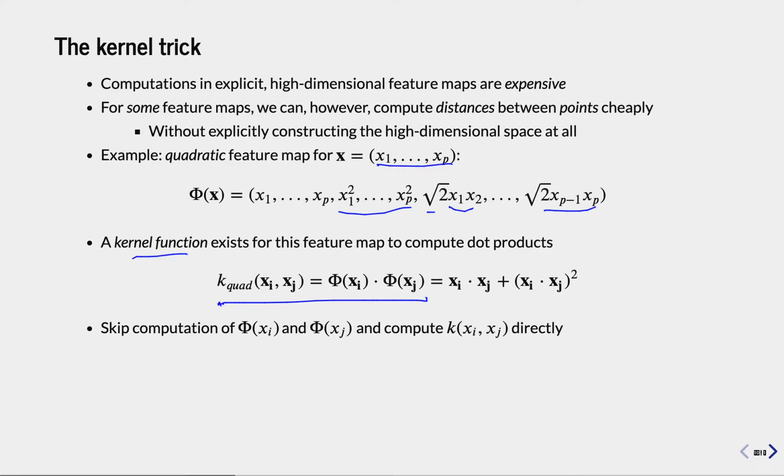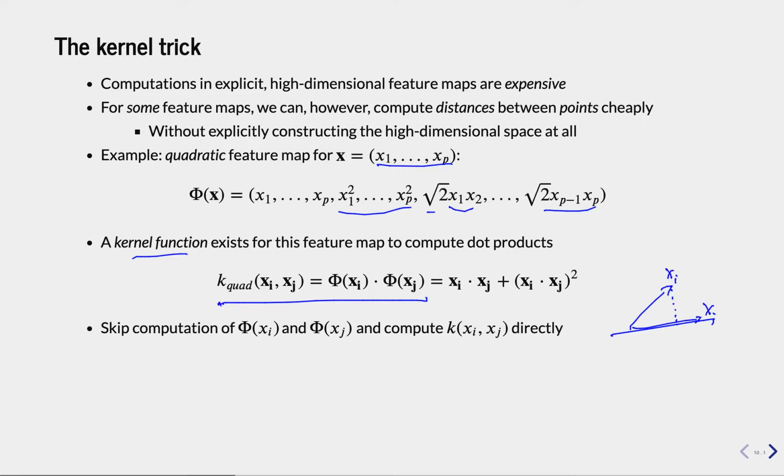So instead of computing the dot product between two vectors, xi and xj, which is the projection basically of this point on this hyperplane here, we do the same thing after transformation. So we transform this point to high dimensional space, this point to high dimensional space, and then we compute the dot product again, but in this high dimensional space.